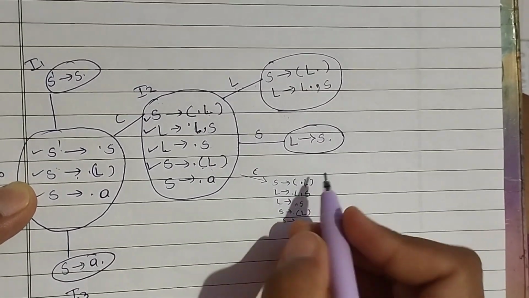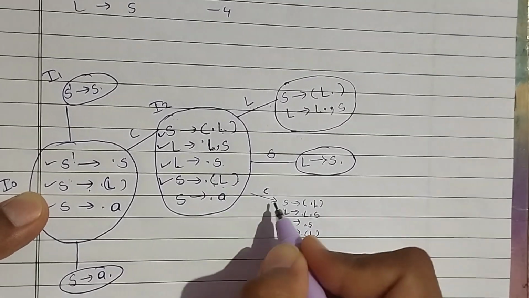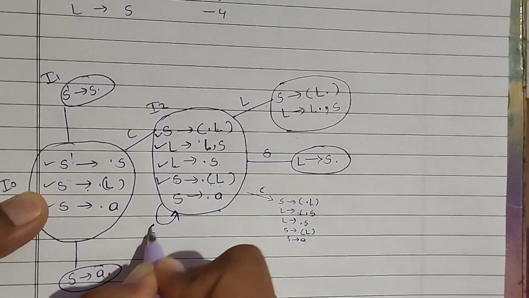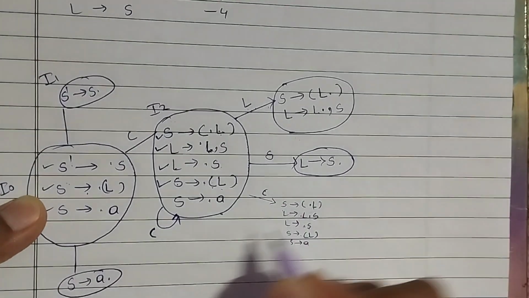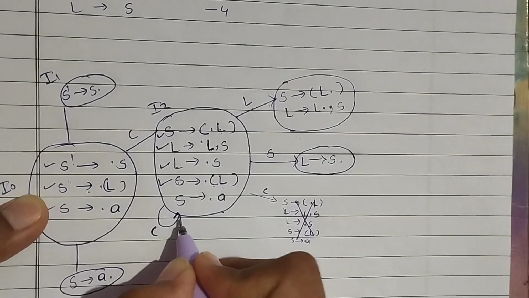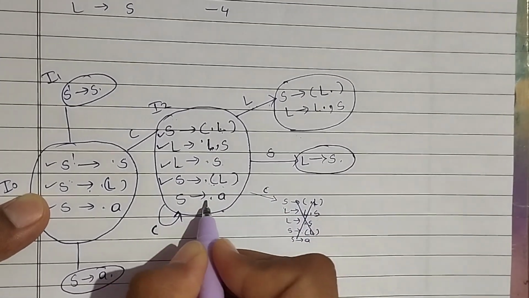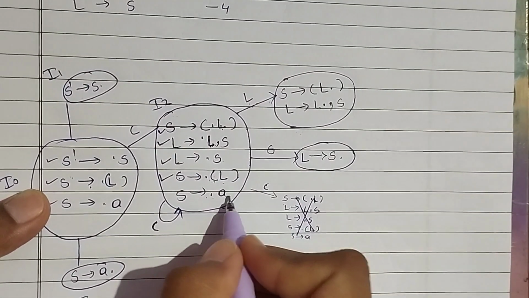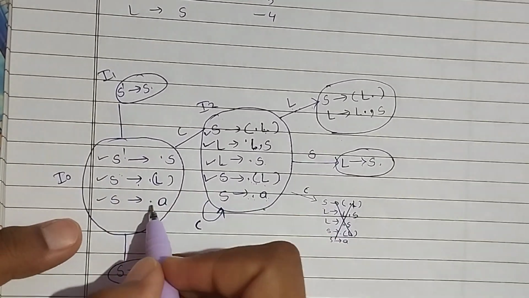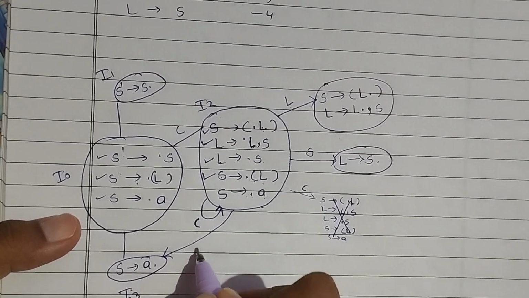So instead of writing it twice, for this opening bracket we create a loop in I2 itself. I hope you all get the idea of what we do here. Instead of creating one more state, we only create the loop here. Now for S → ·A, this is also present here, and where we move from this state I3, we directly move here from I3 for A.